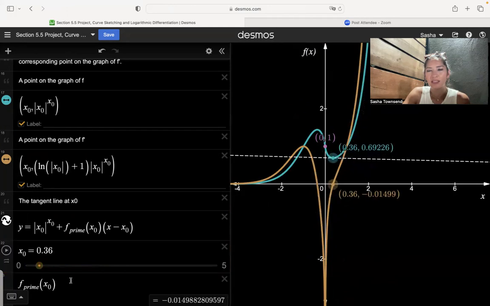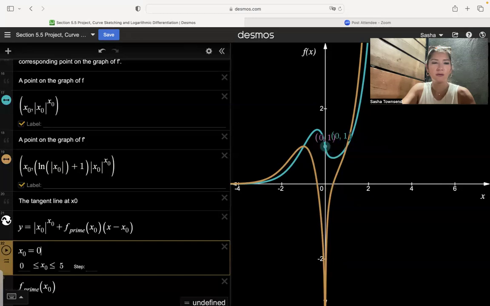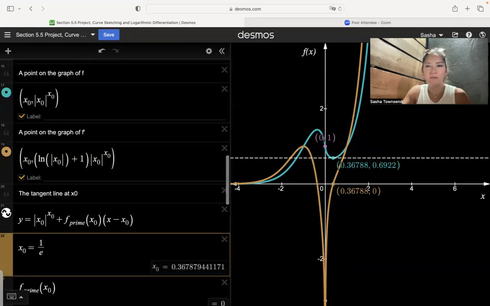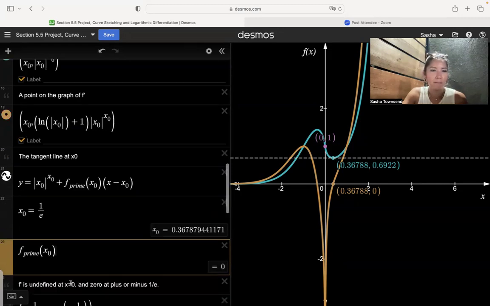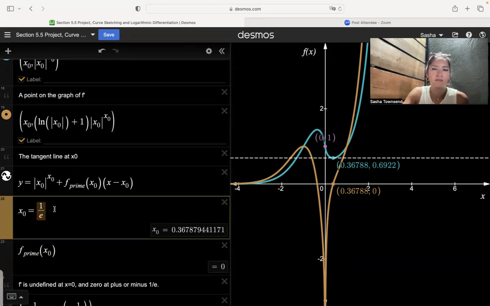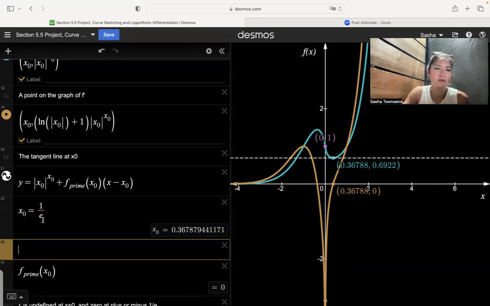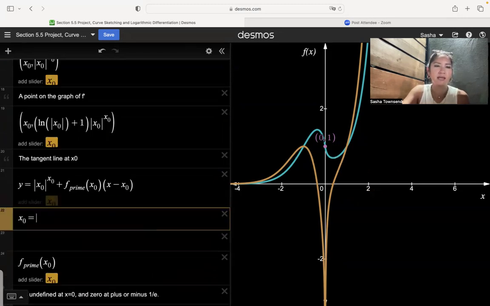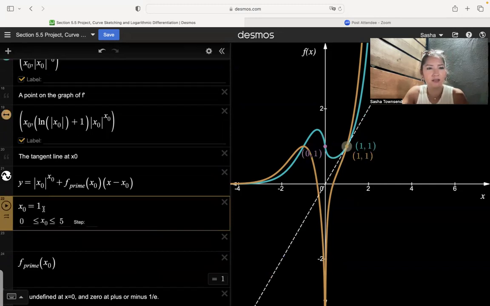You can see that we've got a slope that's very close to 0 near 0.36, or remember that was 1 over e. We get a tangent with a 0 slope there. And of course, that x value can change.